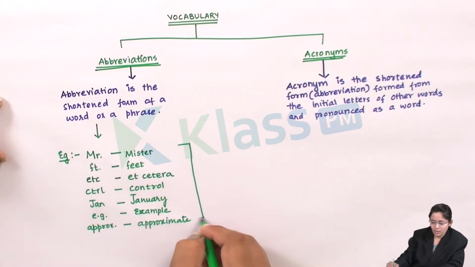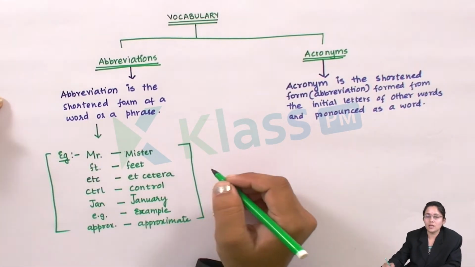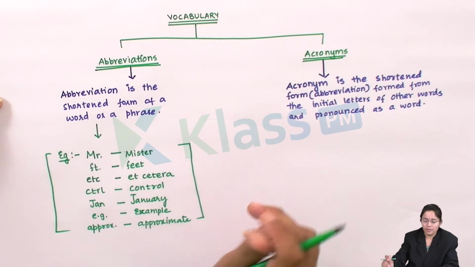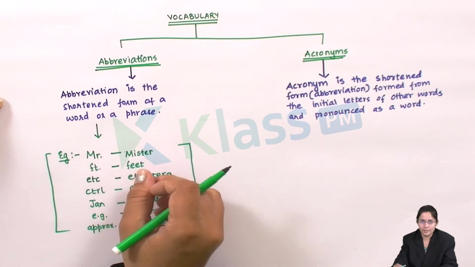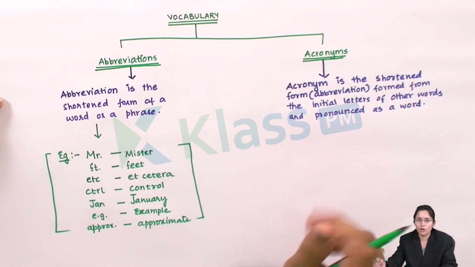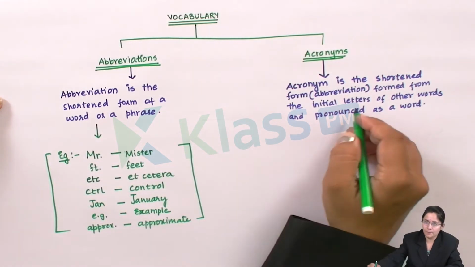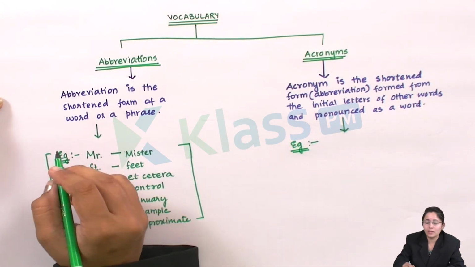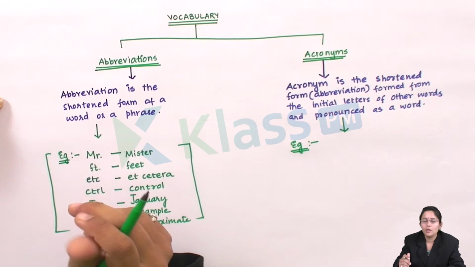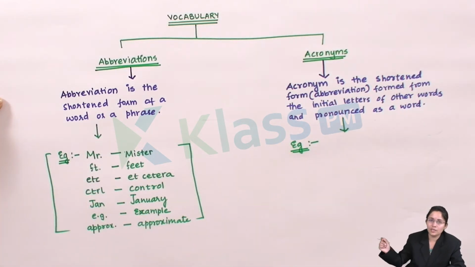So all these are termed as abbreviations. They are just a shortened form of a word or a phrase. Now coming to an acronym, let us check the examples. As I said, it is a shortened word formed by the initial letters of the other words of that particular expansion, and that shortened form itself is pronounced as a word.